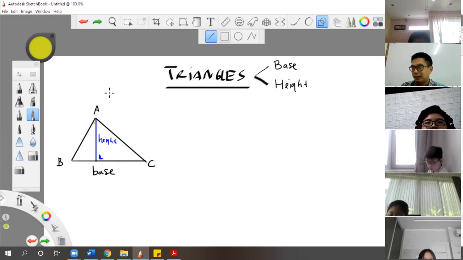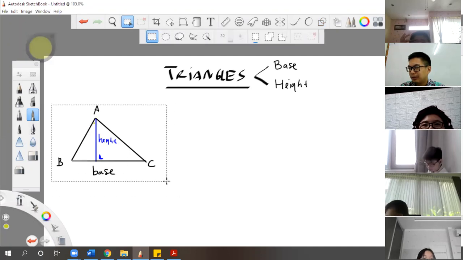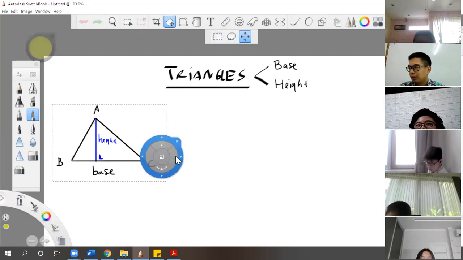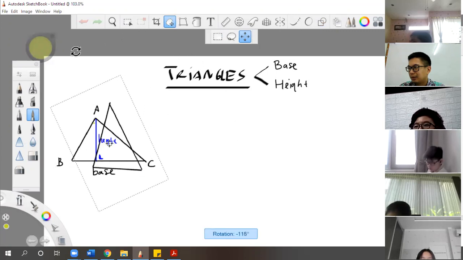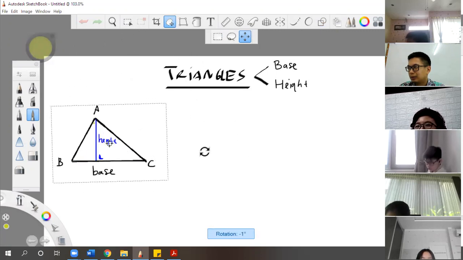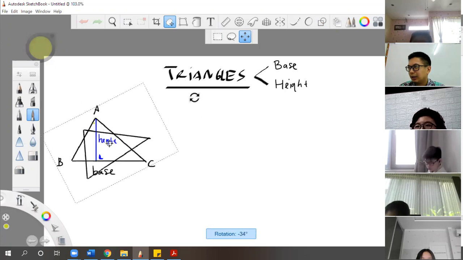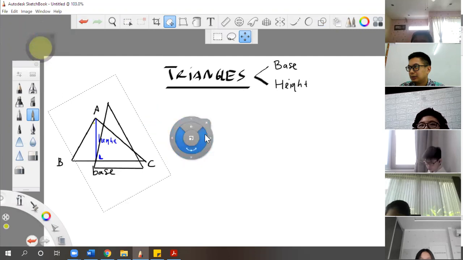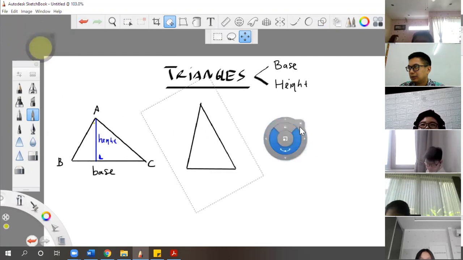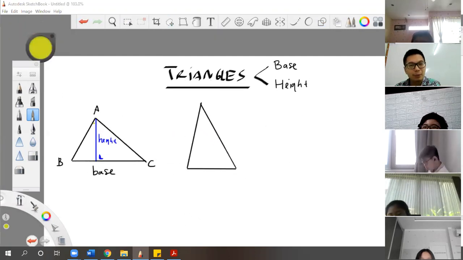How about if I rotate the shape? Wait, I am rotating the shape right now. The ABC is going to be like this. So where's the base?